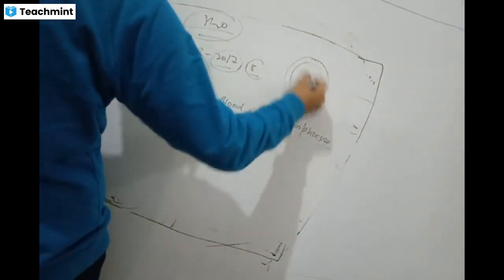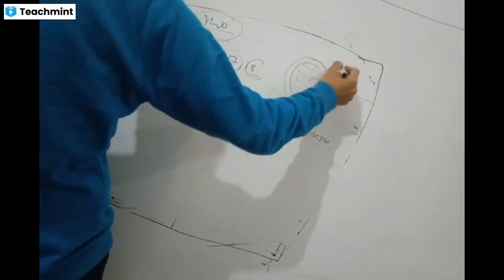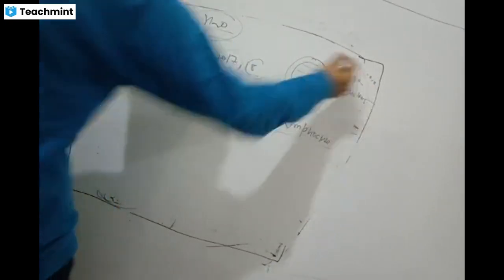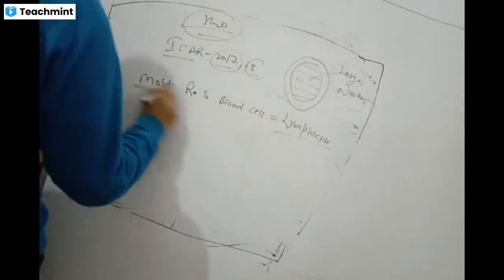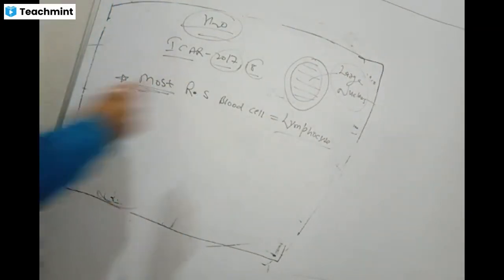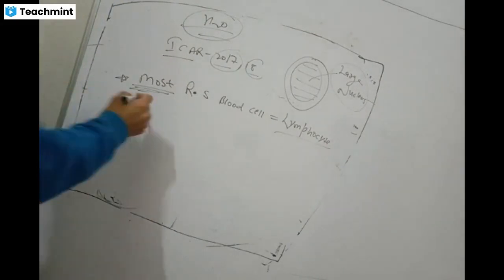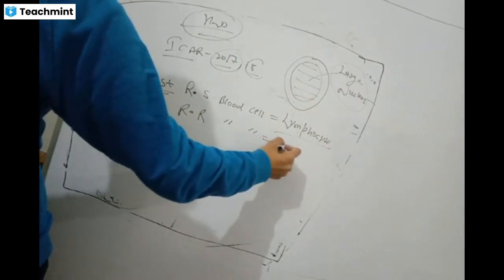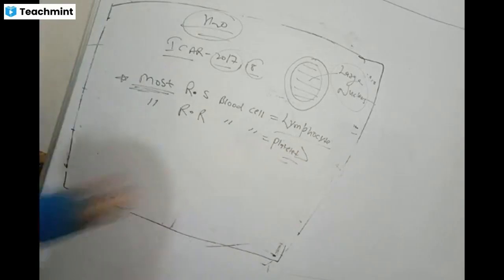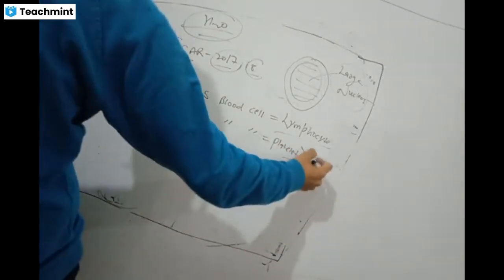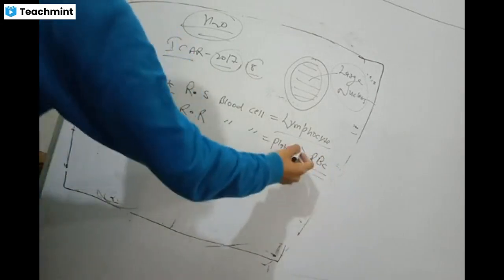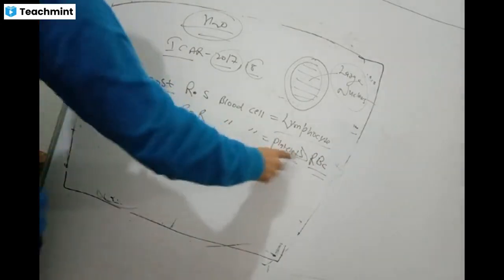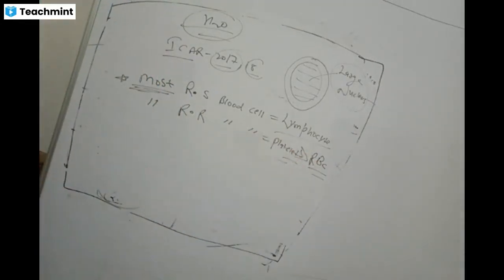Because the lymphocyte contains a large nucleus that is susceptible. So remember this 2017-18 MCQ, most radiosensitive blood cell. Similarly, the most radioresistant blood cell is platelet because it is without nucleus. If platelet is not given in the answer, the answer will be RBC. So these two are radioresistant. If both are given, platelet is the more correct.